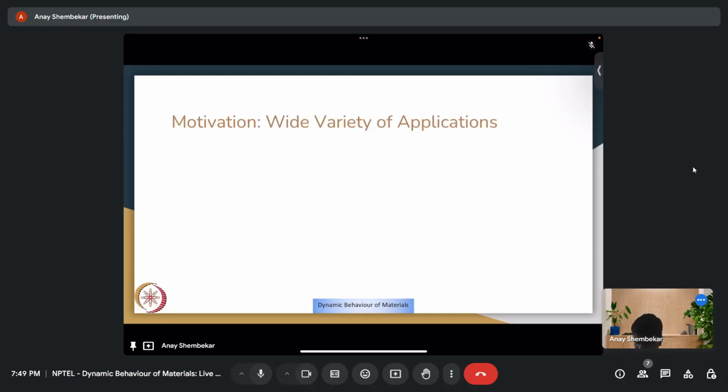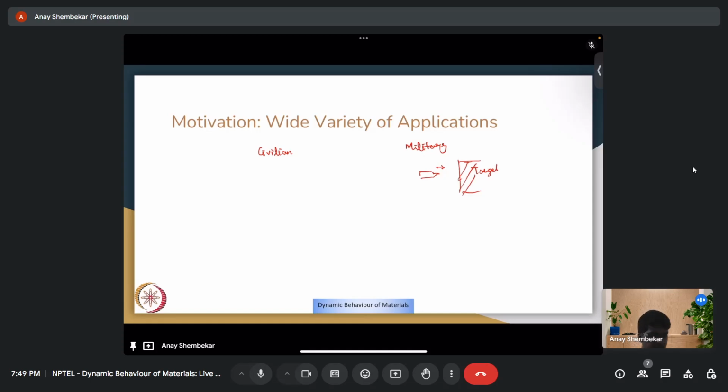So as someone asked a little while ago, why are we interested in studying this? There are a lot of civilian as well as military applications. I'll first go to the military one because I think those are easier to visualize. Suppose you have a bullet or some sort of projectile attacking a target. In this case, what would you be interested in?